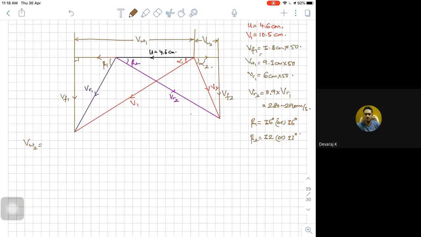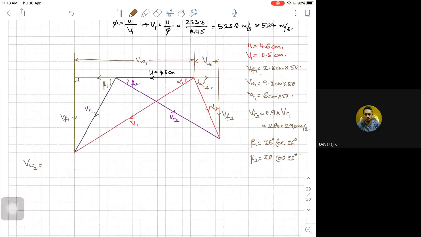So VW2, you may get a very small number. Maybe in the graph sheet I showed it a little bit blown up. It may be 2 meters or 3 meters or 5 meters, roughly around 4 or 5 meters per second.